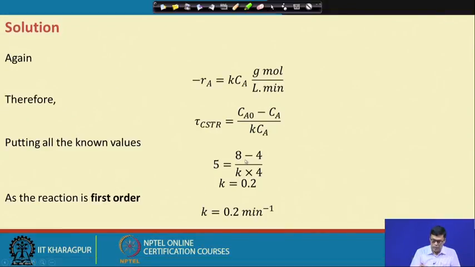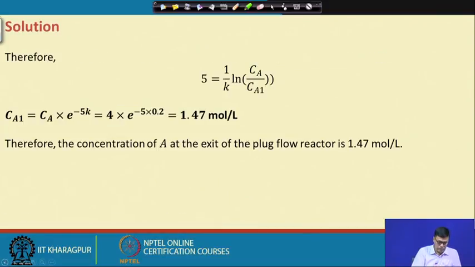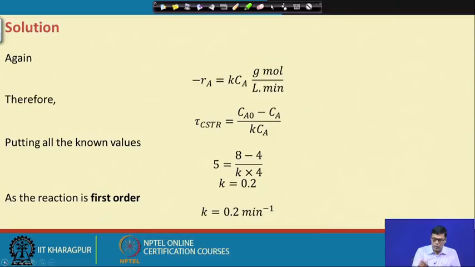If you put these values in this equation, you can easily find out the value of K. If you assume this is a first order reaction, the unit will be minute inverse.